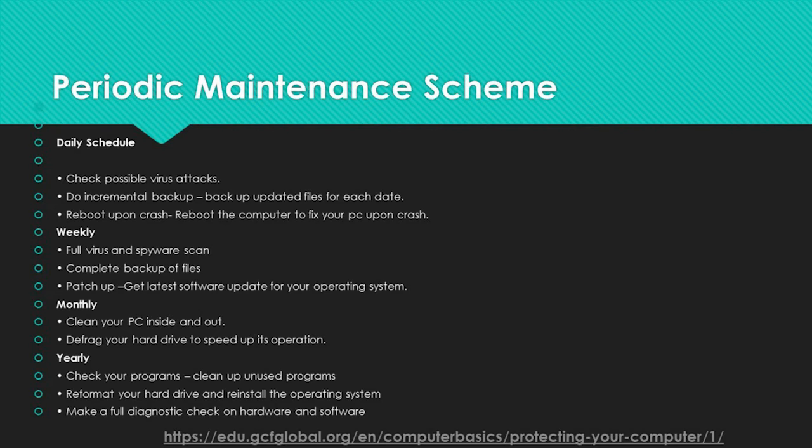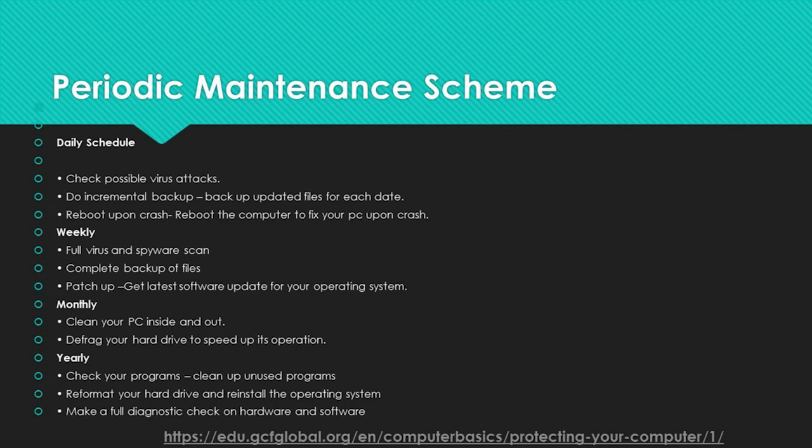First, you can check your computer for possible virus attacks. Next, do an incremental backup of your files for each day. And if anything crashes on your computer, always restart and try to check and repair your system.